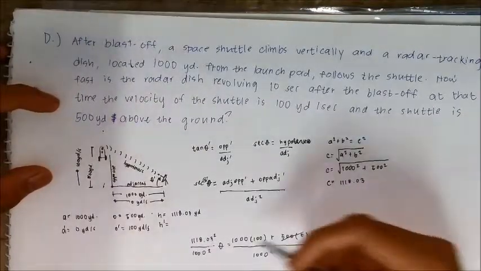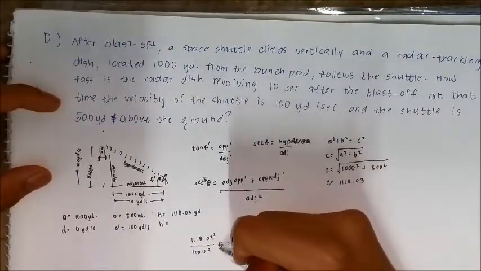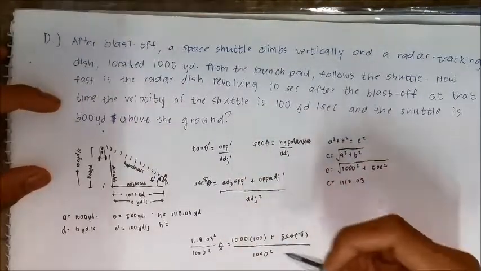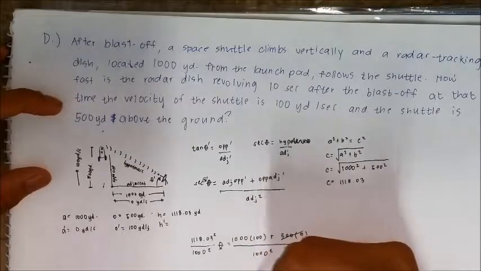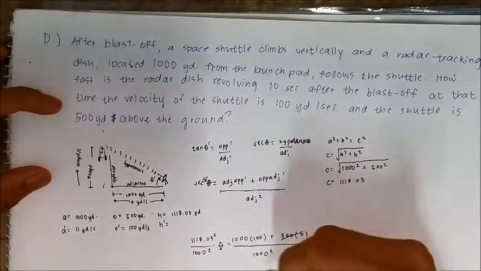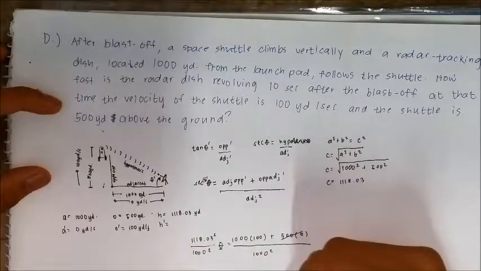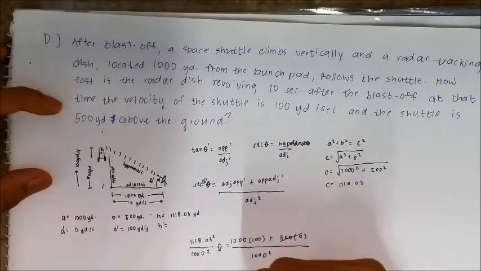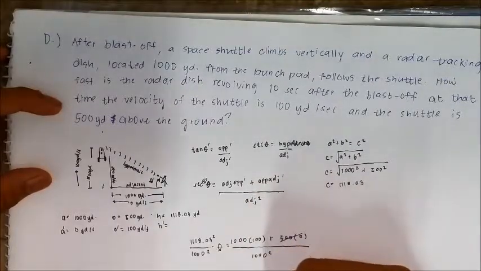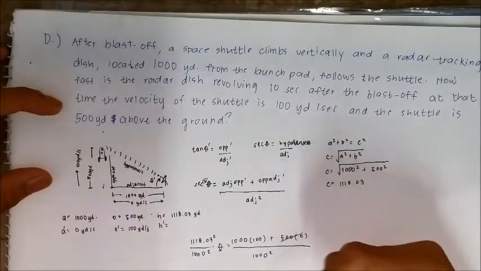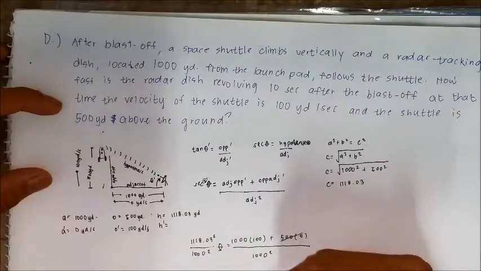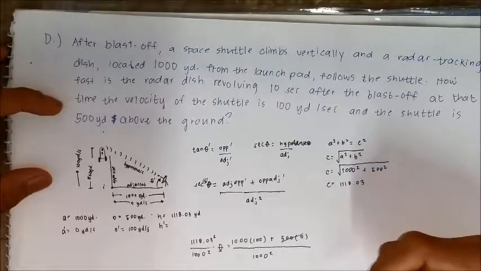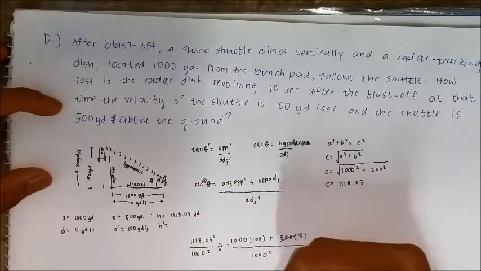Okay, so we're going to have to look for the angle, therefore we have to isolate it. That will result in having 1000 multiplied by 100 times 1000 squared all over 1000 squared times 1180.